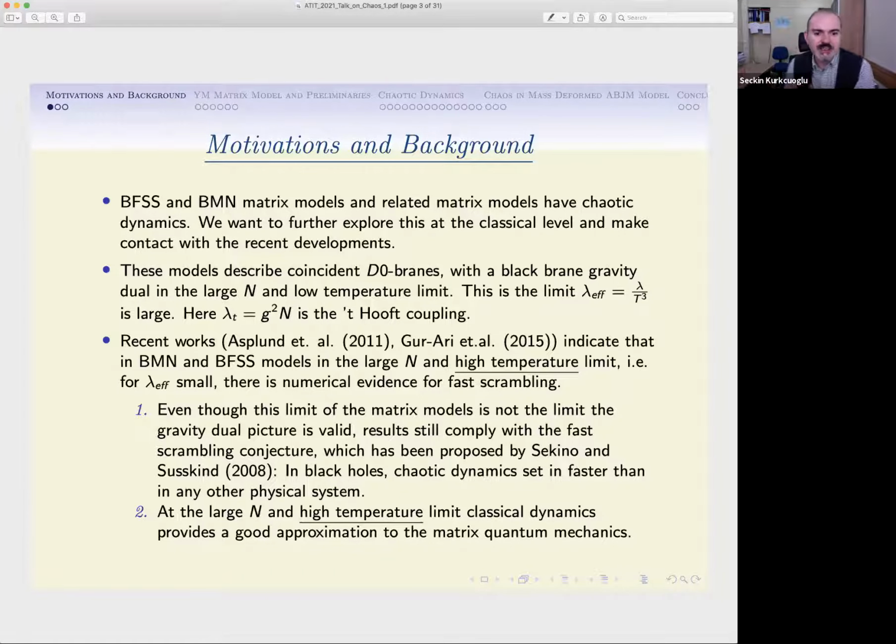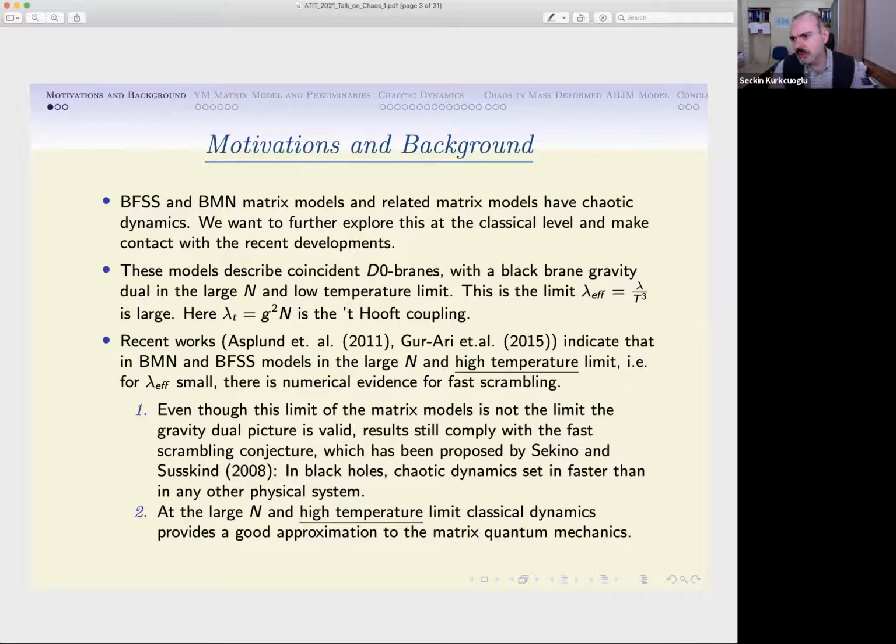There are some matrix models called the BFSS and BMN matrix models, which hold a reasonably important place in discussions of M theory and string theory since their proposal in the late 90s.